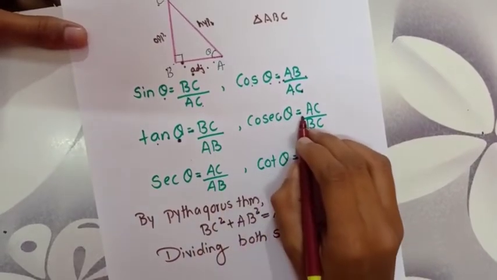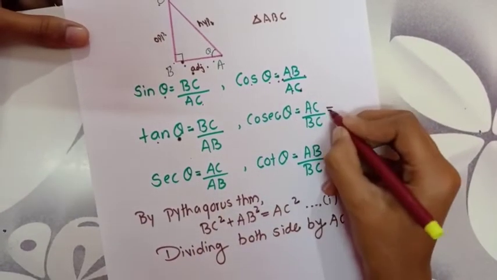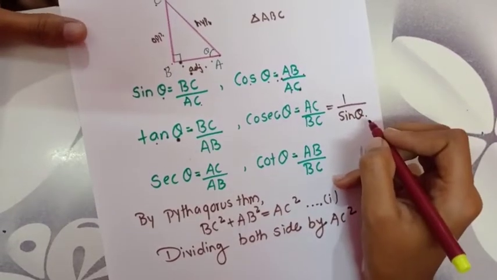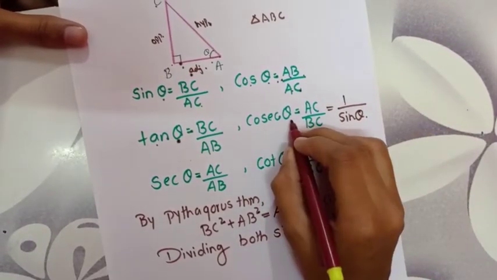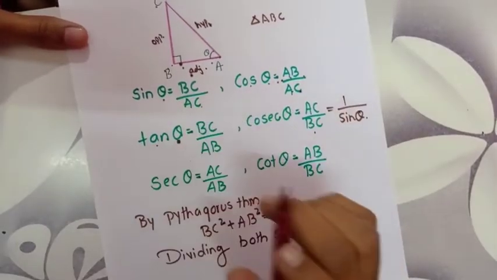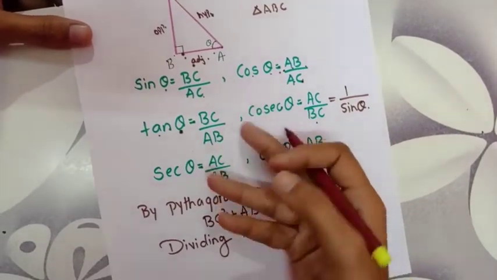Cosec theta is equal to 1 by sin theta, which is hypotenuse by opposite side, the reciprocal of sin theta.